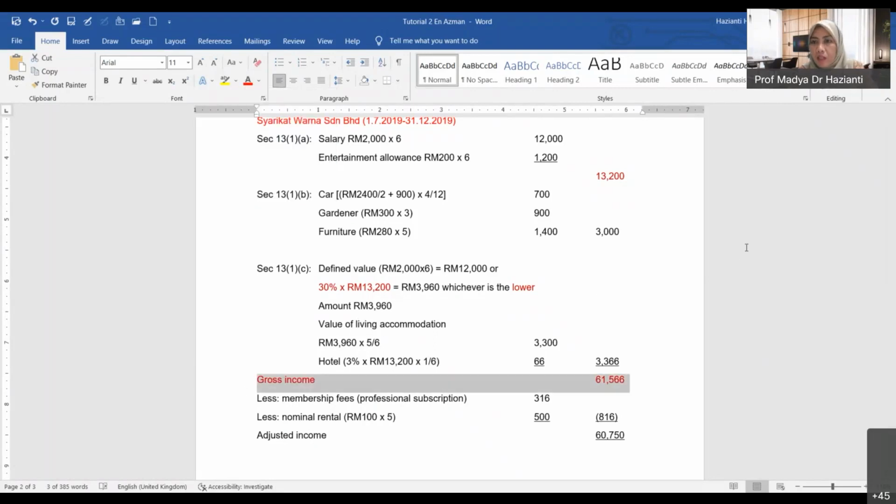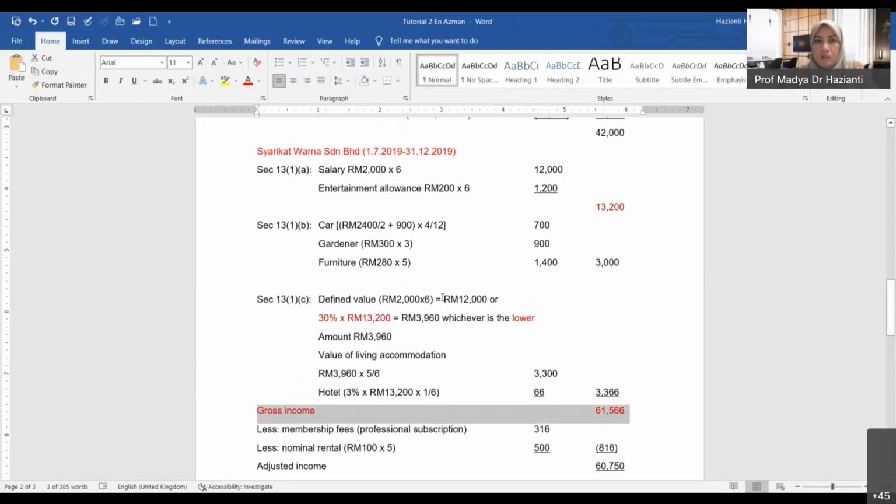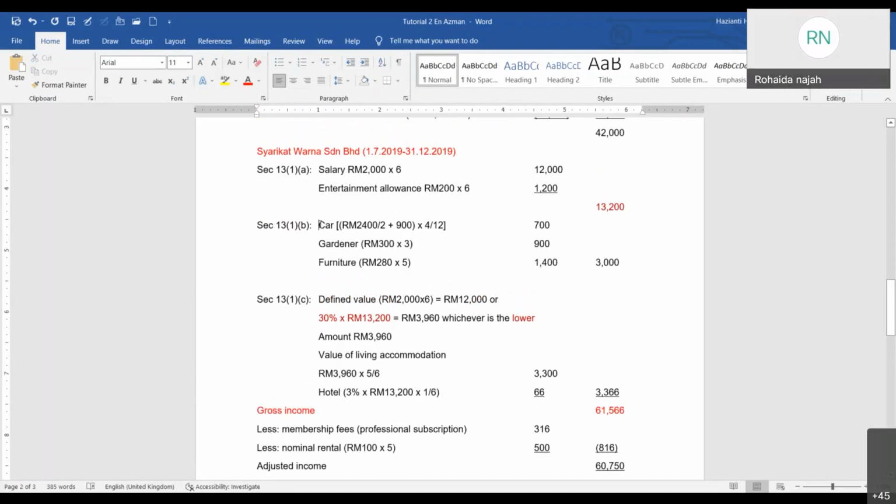Yang mana tadi siapa kata car? Doktor, ulang balik yang car tu boleh? Okay, car ni you go back to the notes yang ada table tu. Ada kan? Yang benefit in kind, section 31B. Kalau ada kereta.